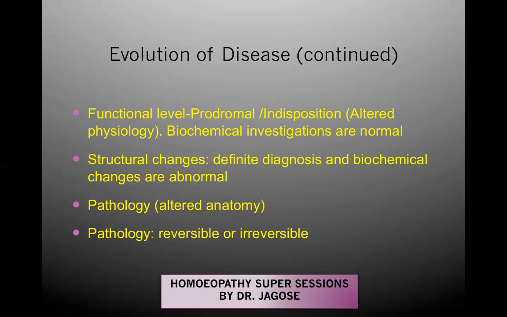Out here, you definitely get symptoms, but they may not be very characteristic in order to prescribe. And if you do the blood test or the biochemical investigations, everything is normal. So out here, you do not know the exact diagnosis of the patient, but there are some symptoms to tell you that the patient is not healthy.